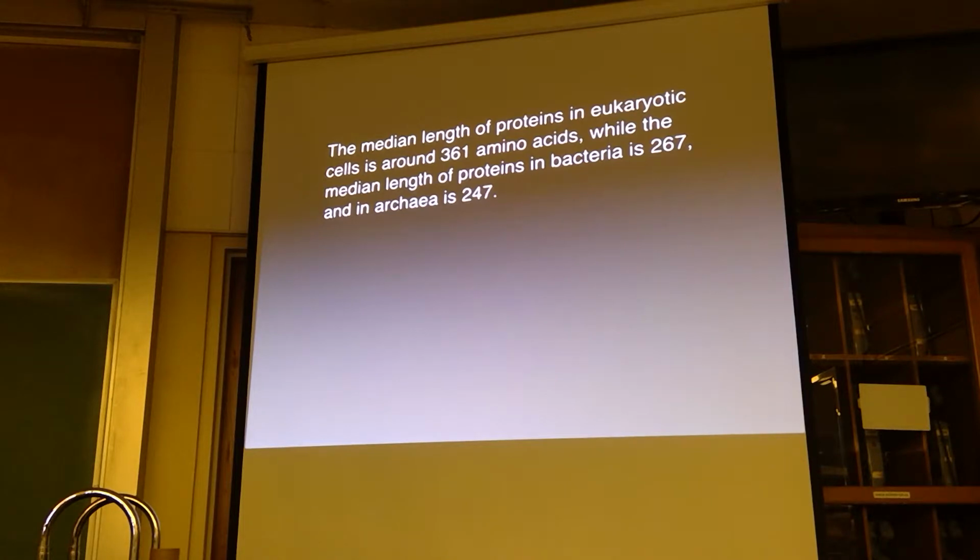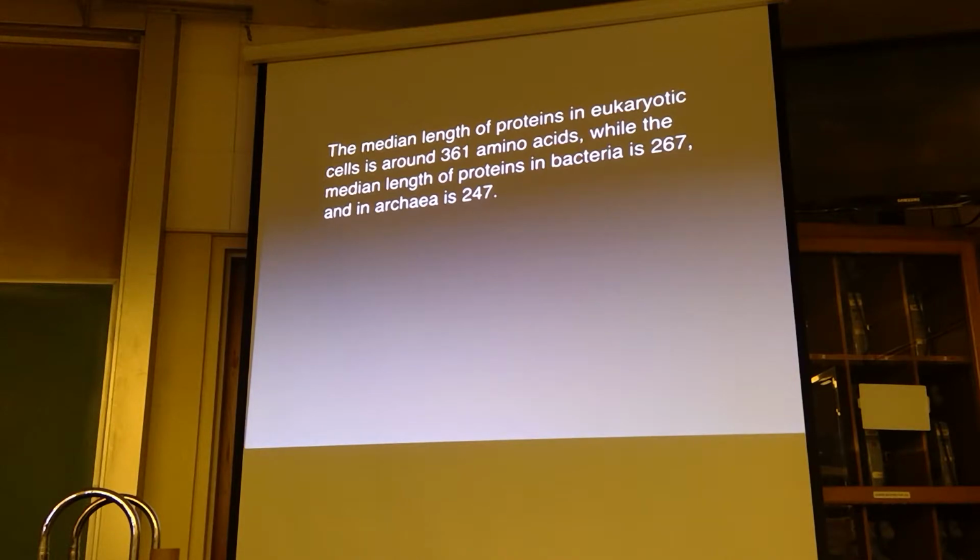To give you an idea of how long RNA is, RNA, like I said, is much shorter than DNA. Typically, proteins in eukaryotic cells have about 361 amino acids. In bacteria, about 267. In archaea, 247. I don't know who does this calculation. It's like, really? And we don't really know this because we only know about somewhere between 1 and 10% of the prokaryotes at this point.